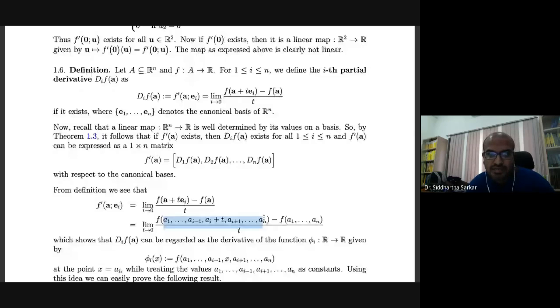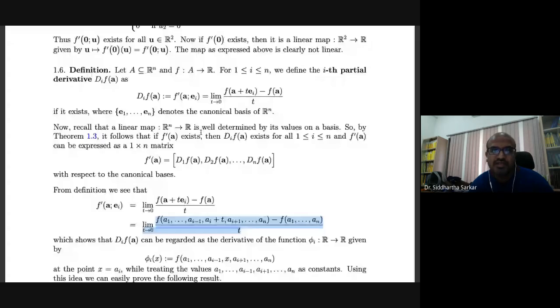Okay, let's try to analyze this a little bit. How do I see whether this is a partial derivative or not? If you try to cleanly write this expression a plus t ei, you will see that except for the ith coordinate, everything else is coming from that constant point a, and the ith coordinate becomes ai plus t.